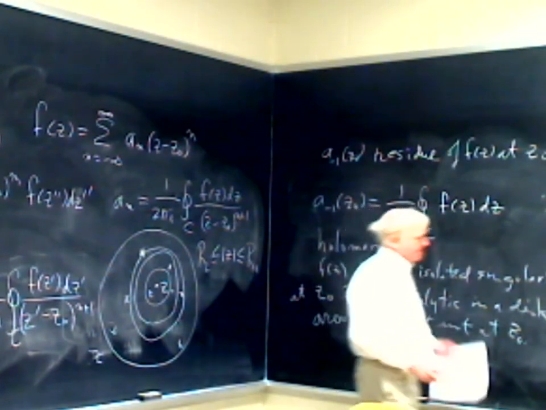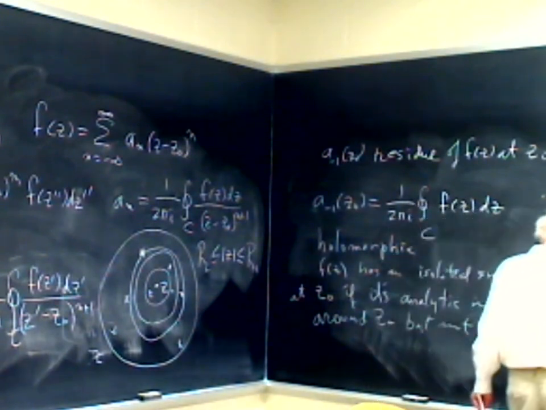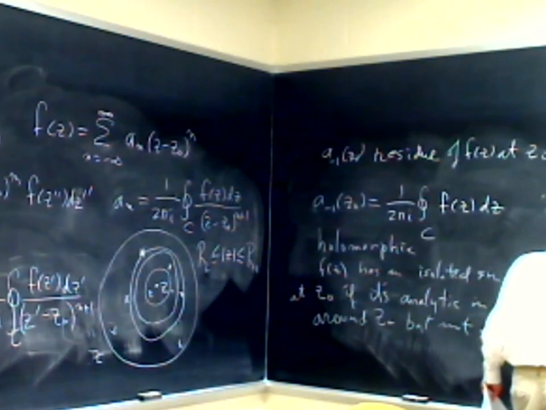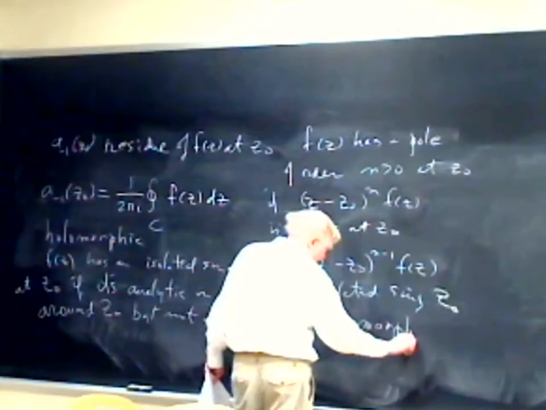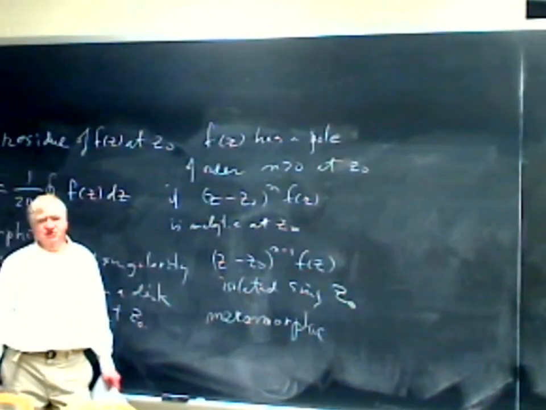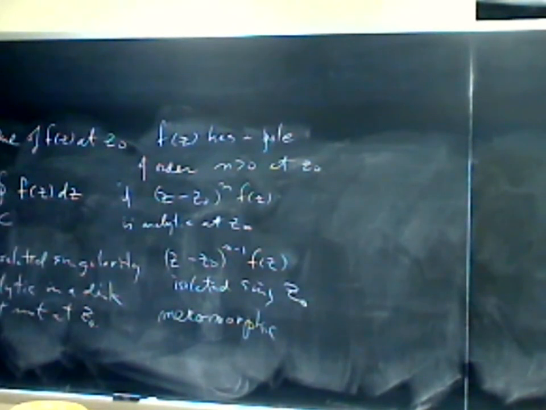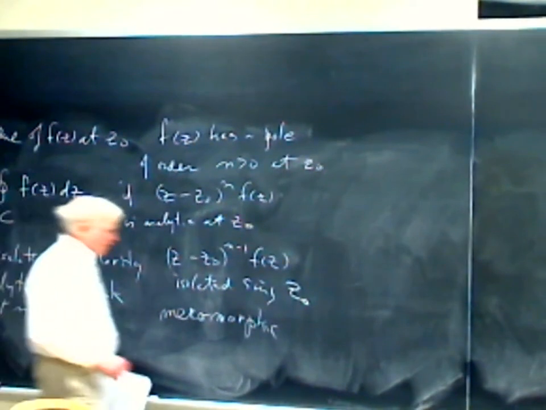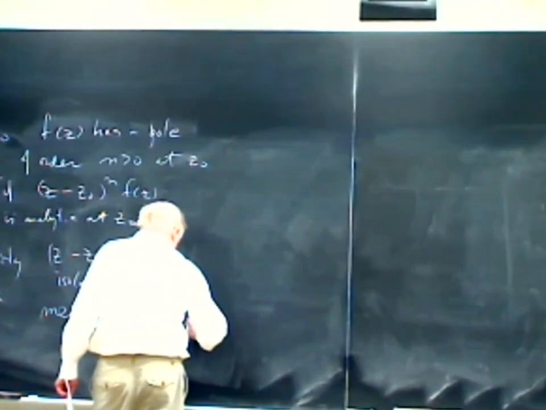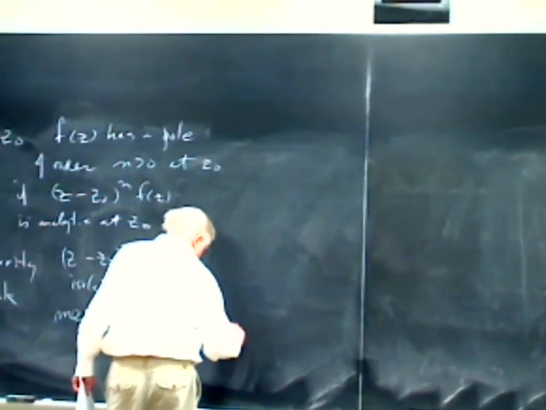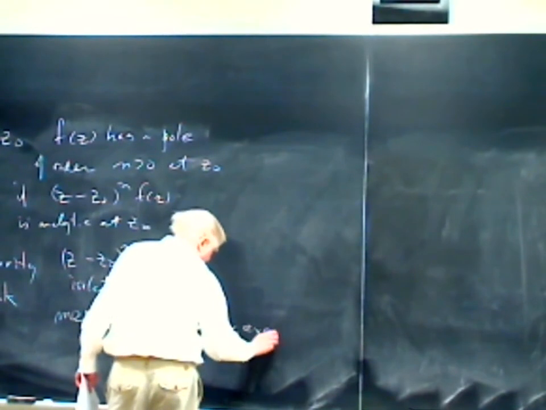Now, one more definition, meromorphic. This is like holomorphic, but has isolated singularities. So a function that's entire except for poles.